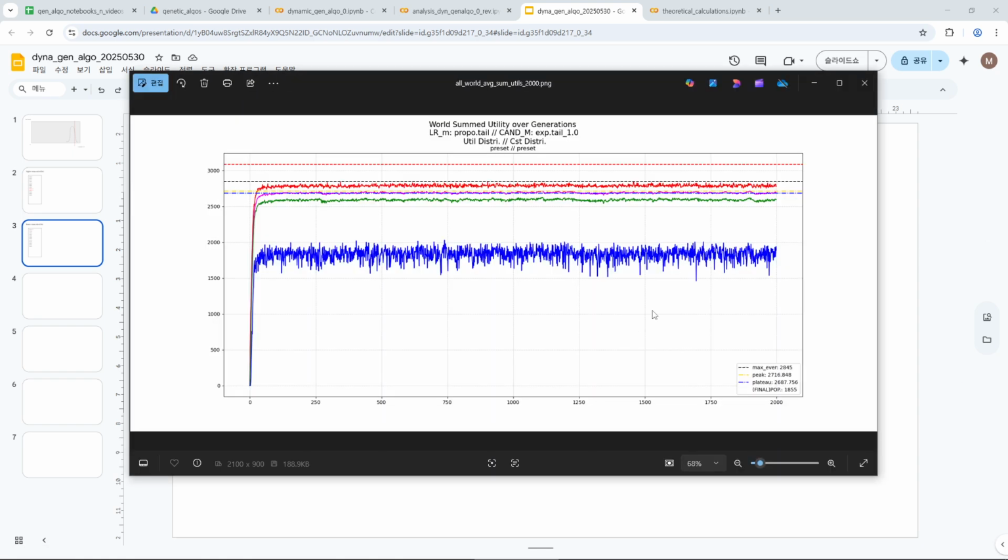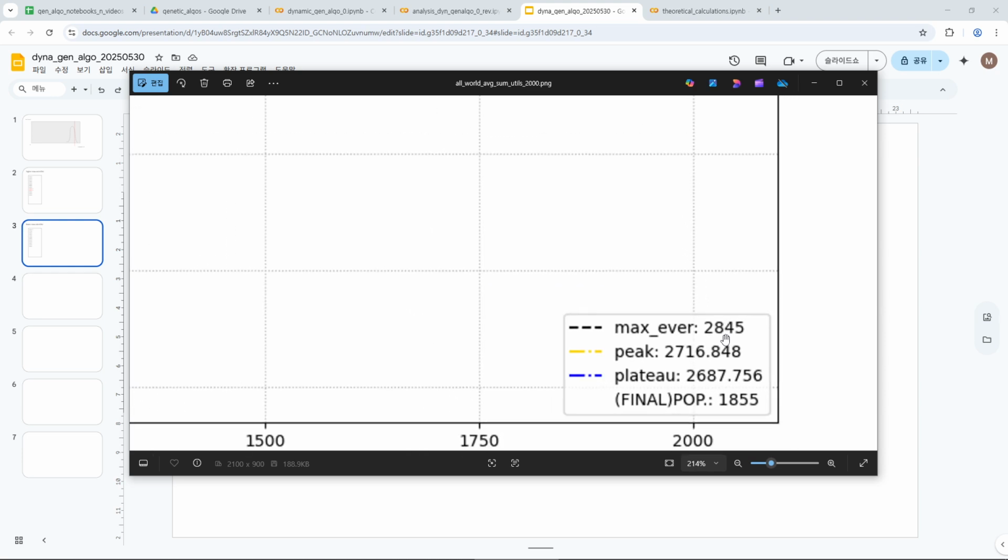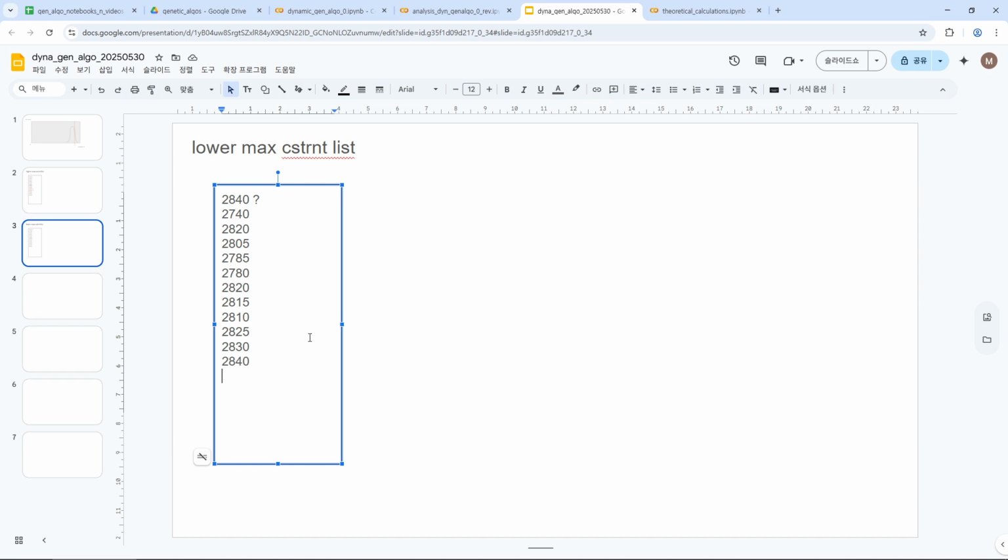See what happens. Now the maximum ever is at 2845. 2845.